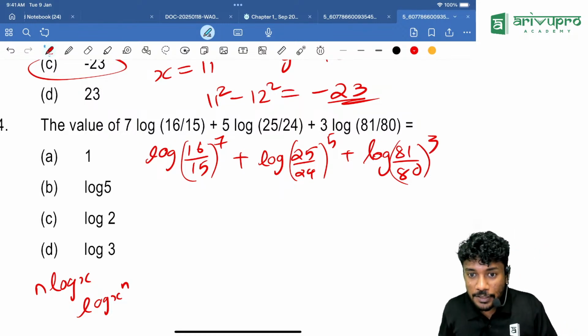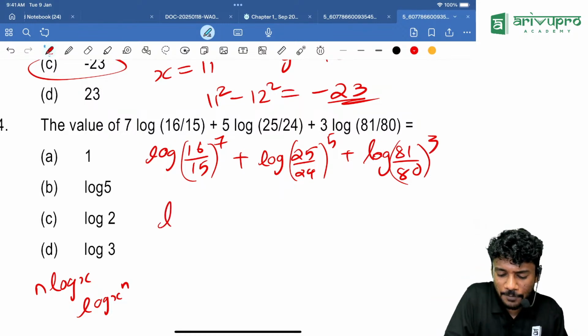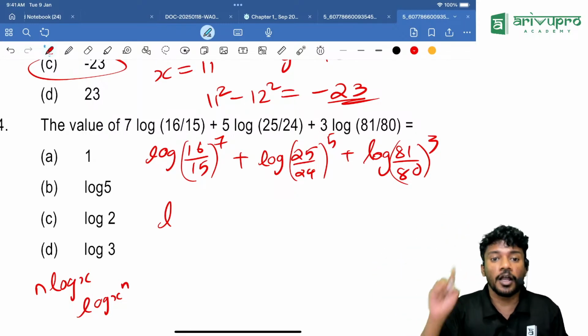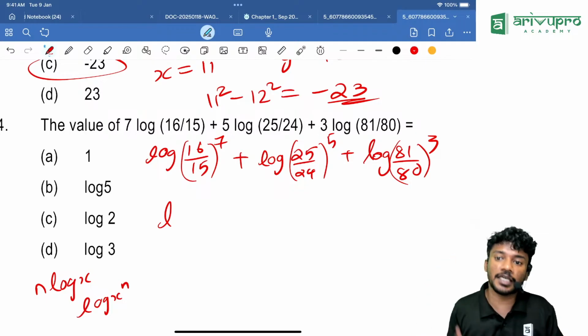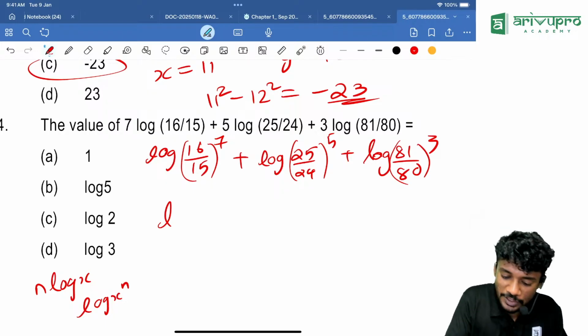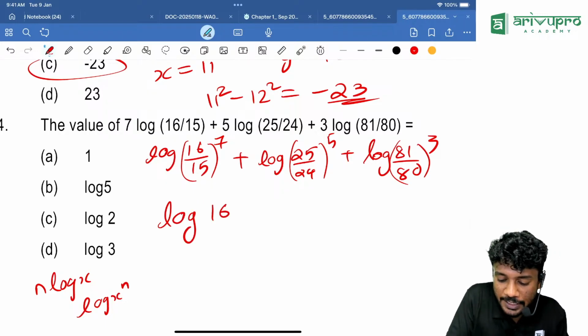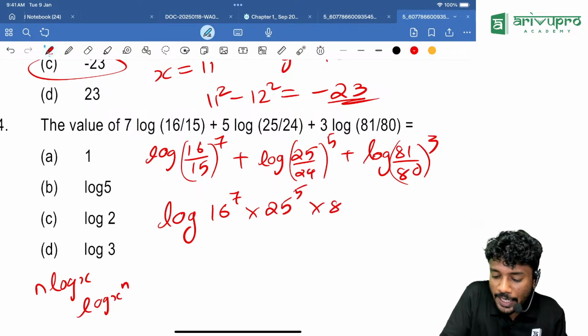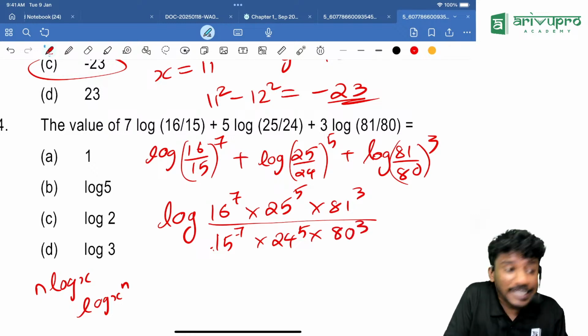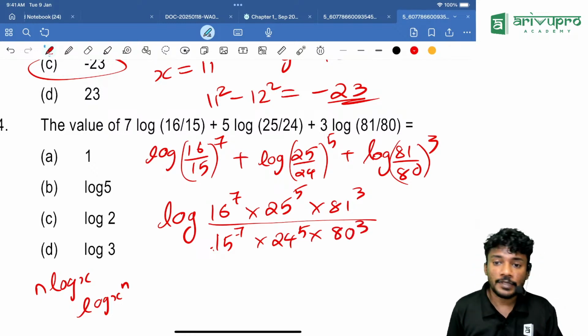Any doubt in that? No. Now how will you rewrite? Log a plus log b plus log c is log of a into b into c.